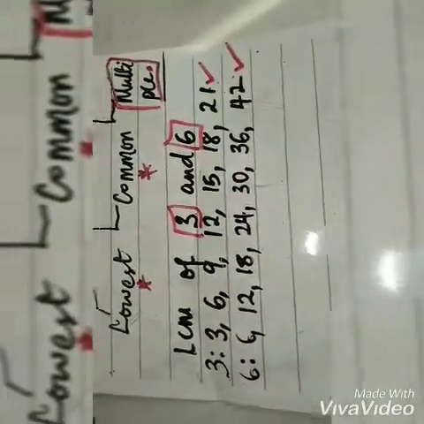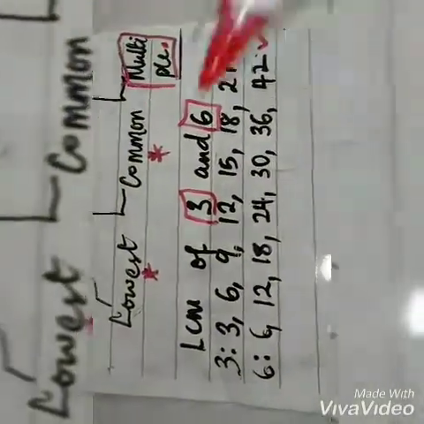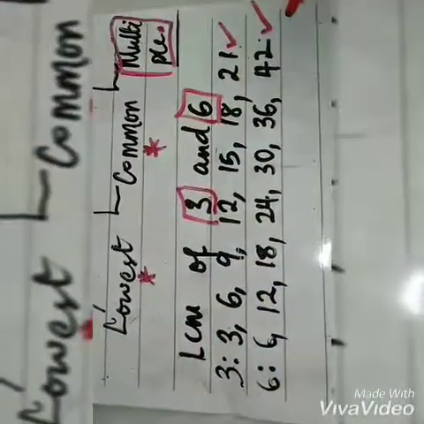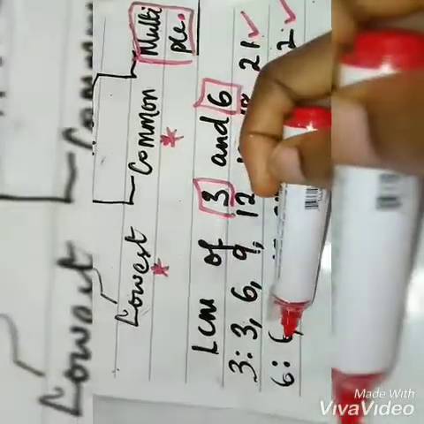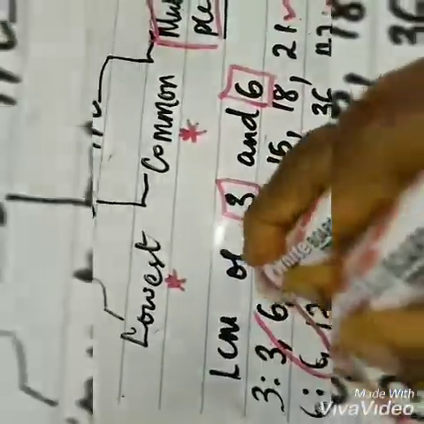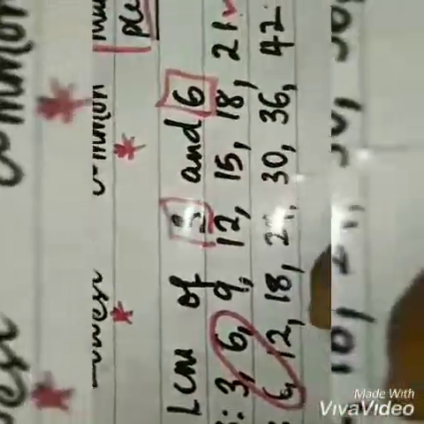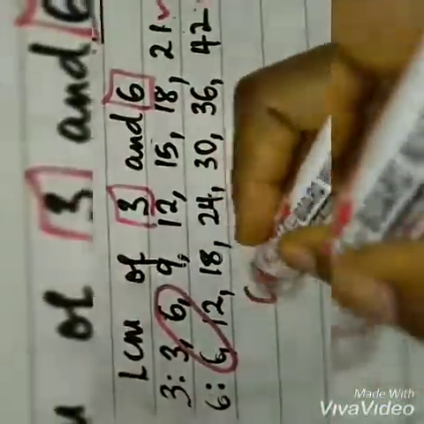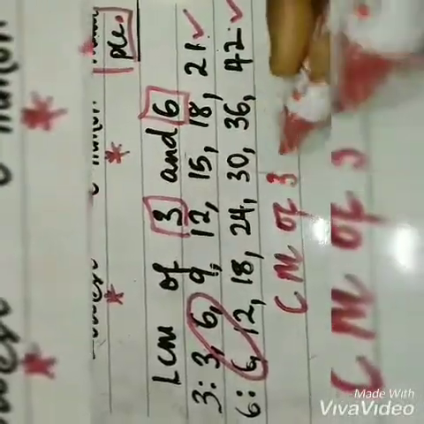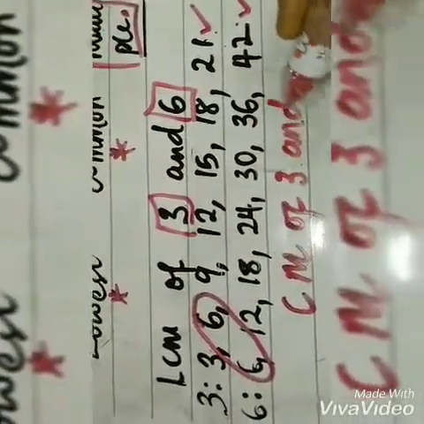Let's see the common numbers. You have 3 as one of the multiples of 3, and there's no 3 here. We have 6 here and we have 6 here. So the number one common multiple is 6. I could come down here and quickly write common multiple of 3 and 6 equals number 1.